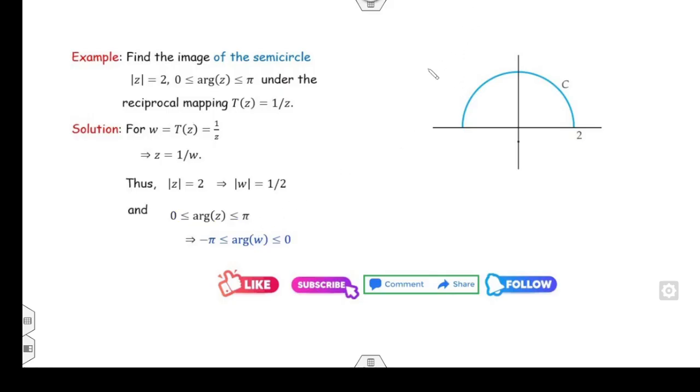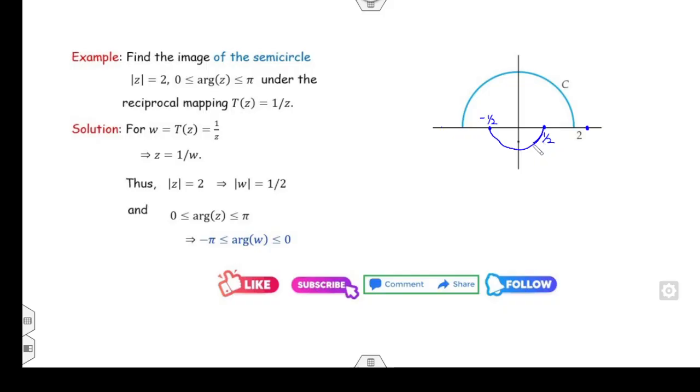Fine. Now look at that. The absolute value is half. So this is my 2, and here somewhere is half, and this number is my minus half. The angle is minus pi. If this is pi, the angle is minus pi on this side, and 0.